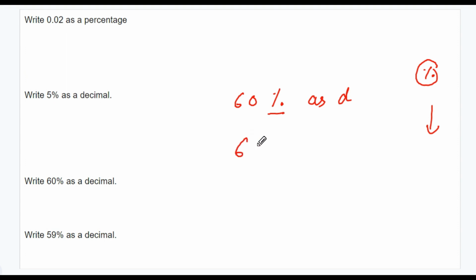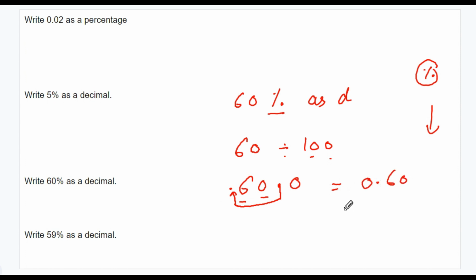We need to divide this by 100, the same thing we did before. We need to move our decimal 2 times, 1, 2. The hidden decimal is always at the end. So where will the decimal be placed now? Here. So I write it as 0.60. Now this is in the form of a decimal.